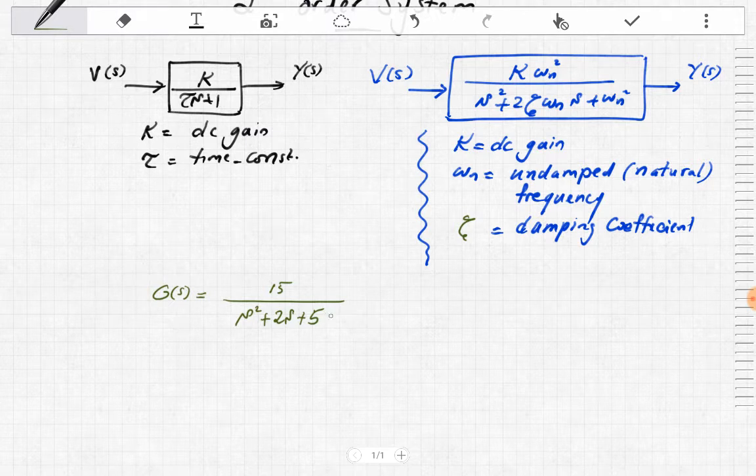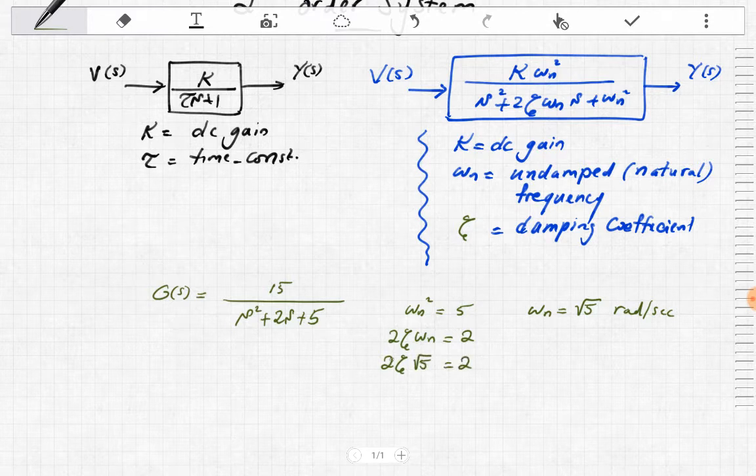First, we are going to look for omega n. So omega n square is equal to 5, right? So your omega n is equal to square root of 5 radian per second. Now 2 eta omega n S is the middle term, so 2 eta omega n is equal to 2, and omega n is square root of 5.